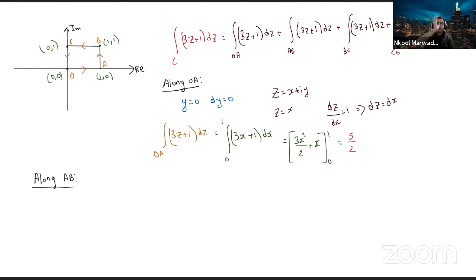Now see, AB is parallel to the y-axis, so x will be 0. So here x will be 0, and the thing which is changing is y itself. So z will become iy. So z is x plus iy, x is 0.